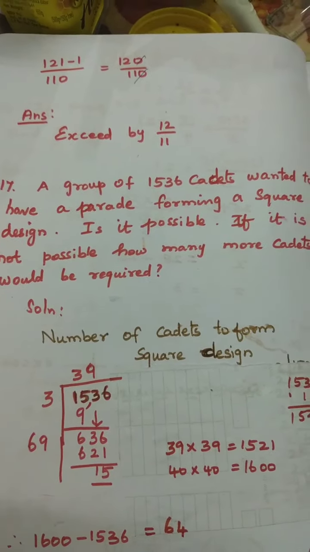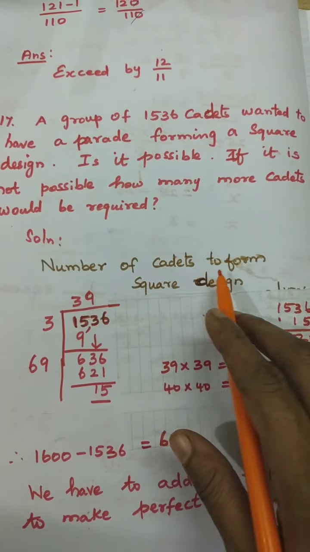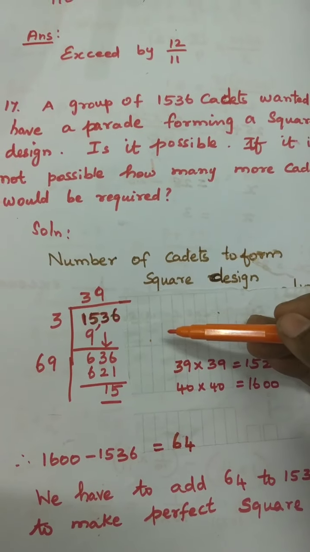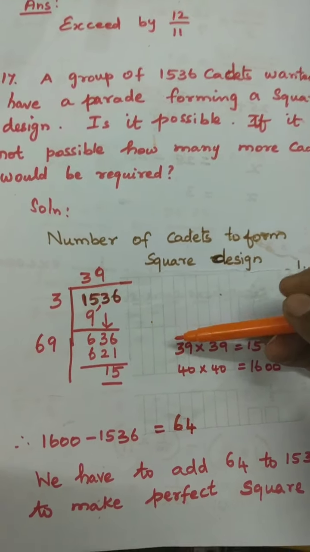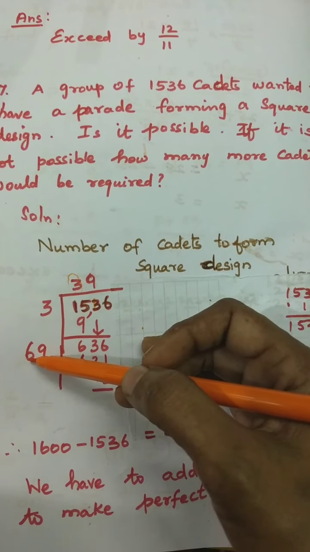Now, for that you have to see the square root. Number of cadets to form a square design. You see by the long division method. First you divide into 2 twos. I have taken 2 twos. Then 3 threes are 9. 15 minus 9, 6. Again bring down 36. Now you multiply this 3, it means 6.